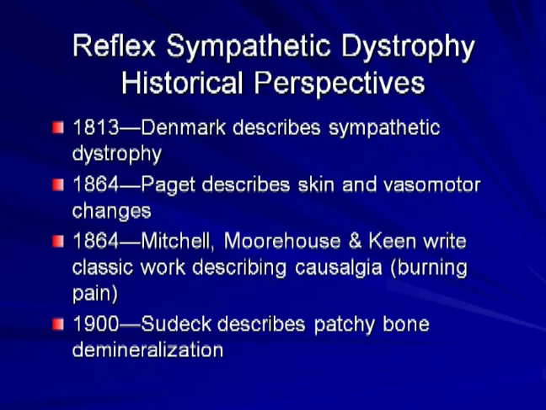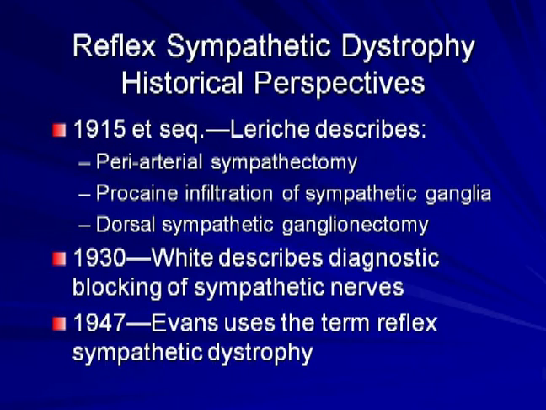Then, towards the late 1800s, early 1900s, X-rays were developed, and X-rays were being used to look at the bone structure, and Sudeck described the patchy bone demineralization that was associated with causalgic pain, and that's where the term Sudeck's atrophy comes from. Sudeck described the demineralization of bone in these patients.